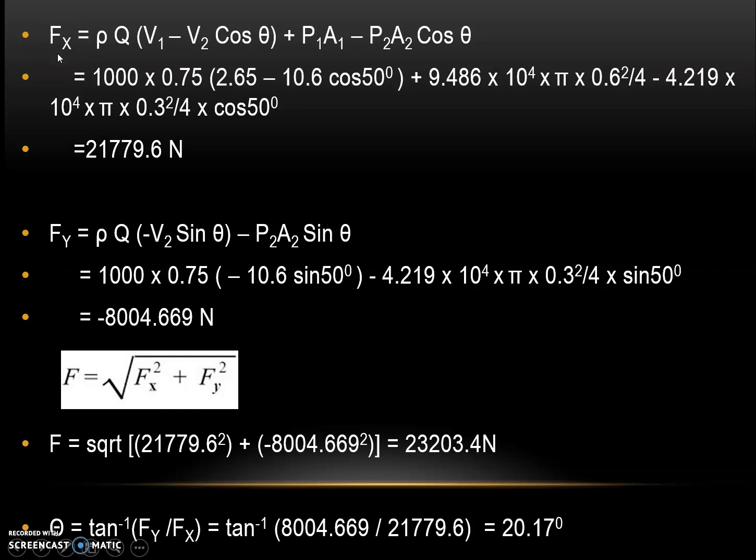And now we will find out what is Fx, as we have found the value of P2, which was not given in the problem. P2 we found using Bernoulli's equation, that is we applied Bernoulli's equation to section 1 and section 2 of the pipe.